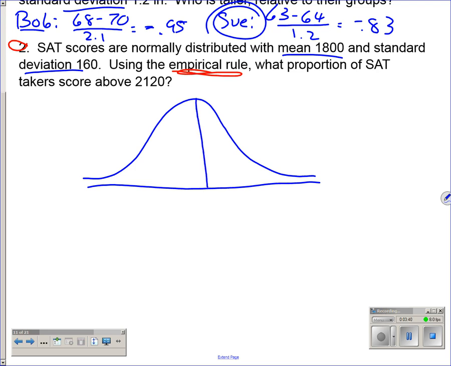So I gotta have the mean and then 1, 2, 3, 1, 2, 3. All right, what do I start with? I guess the mean, right? Goes right here directly in the middle. Now I'm talking about 2120. Really, all I have to do is go in the right direction. But in order to fill this out, remember all you do is just add your standard deviation 3 times to the right and subtract it 3 times to the left.